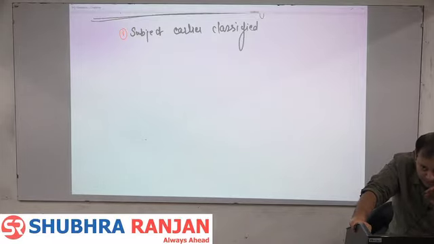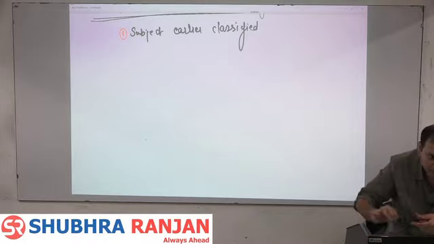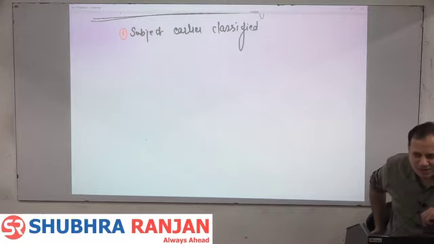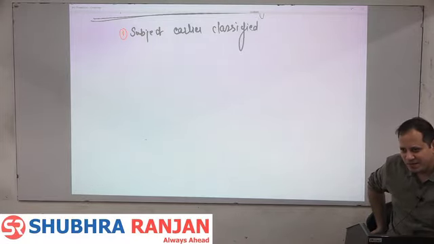Physical sciences: physics, chemistry, etc. Natural sciences: botany, zoology, medicine, etc.